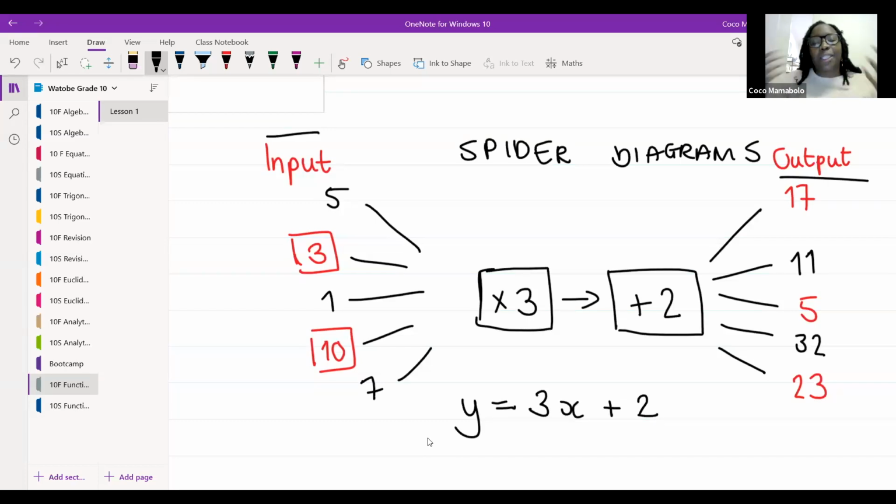That is what the spider diagram is actually telling me. If I put something in on one side, I'm going to get something out on the other side. So if x is equal to 5, then y is going to equal 17. This is what linear functions, or all functions, really are doing.